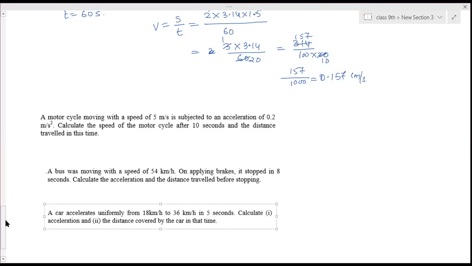Ma'am, in the second one, acceleration is 1/2 meters per second square, right? The second one, the one which you gave after that. No. Ma'am, the car question. Yeah, the car question only.